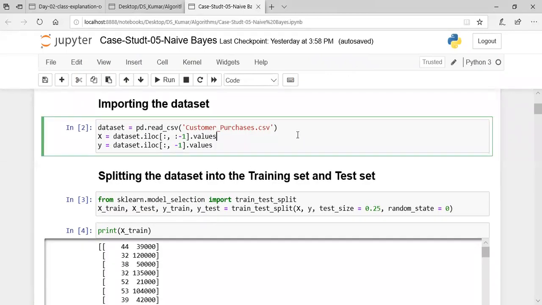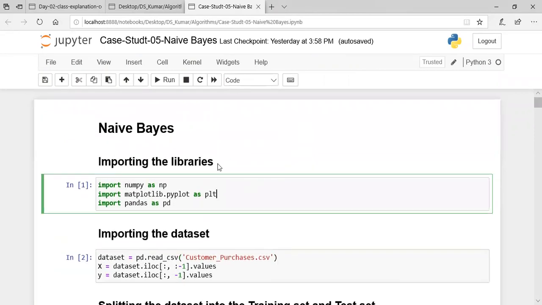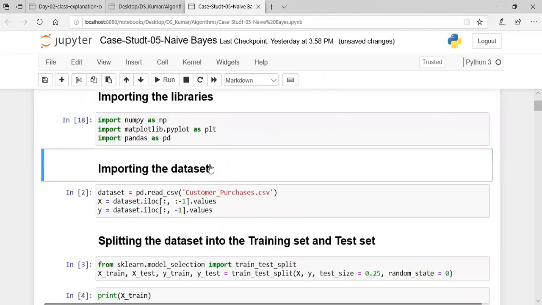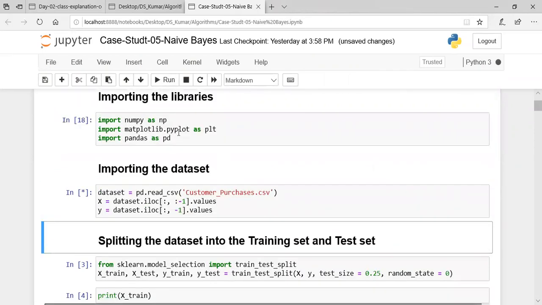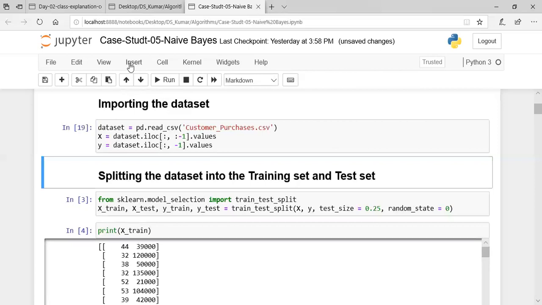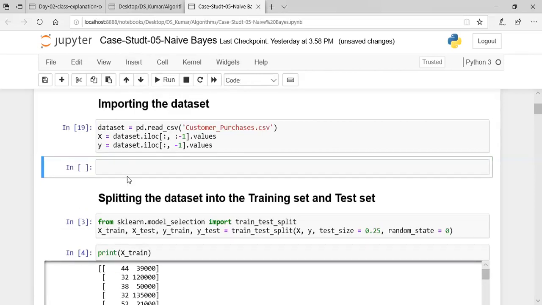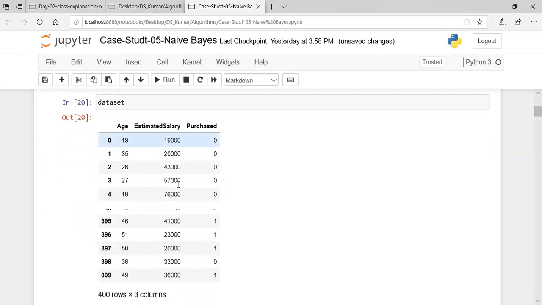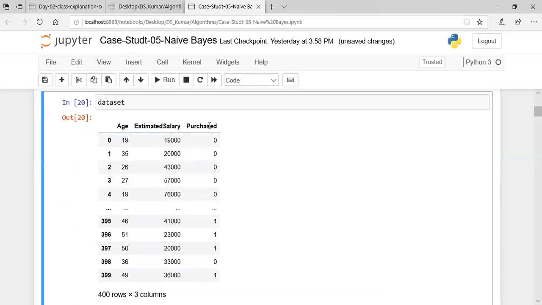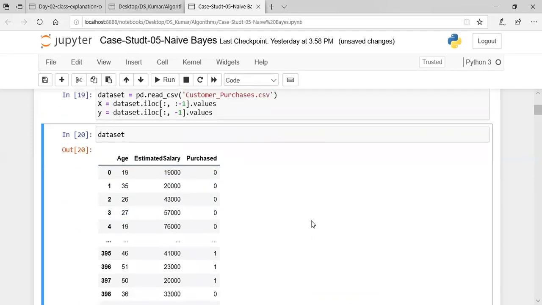Here I am getting the information about the customer purchases, who has purchased the appropriate content. I am running this, and let me insert one cell and look at the data set. See here what exactly it is: age, estimated salary, whether he has purchased the thing or not.